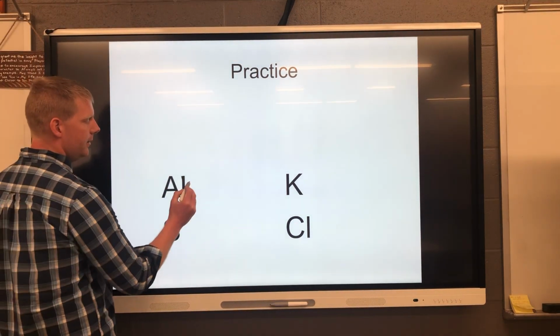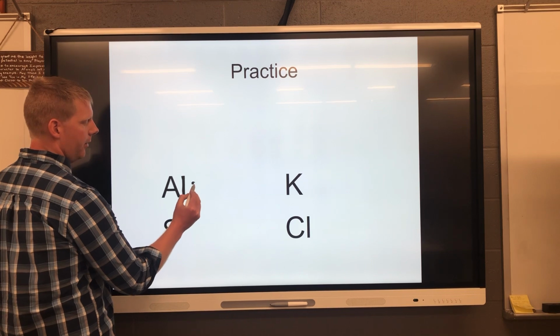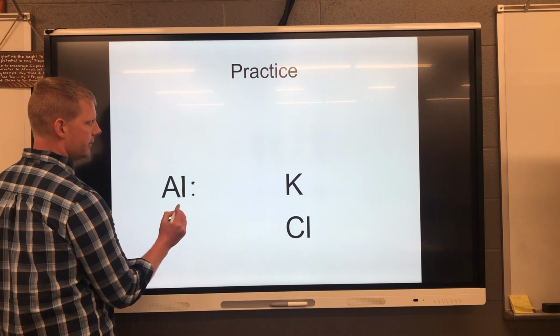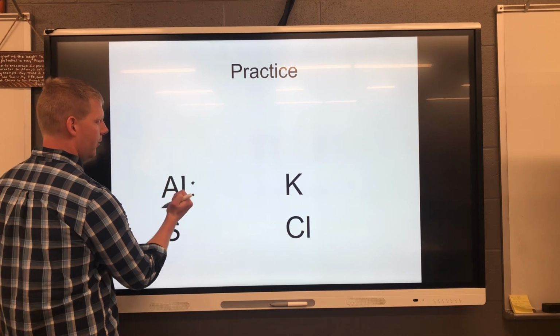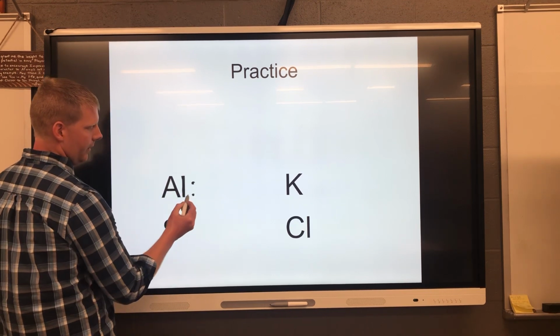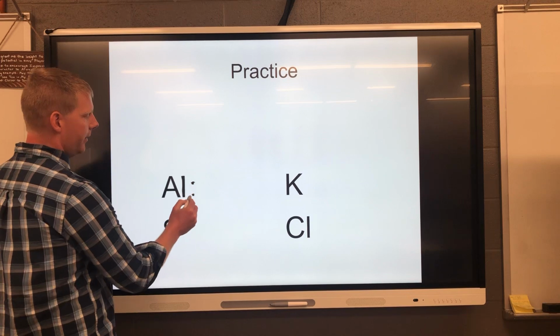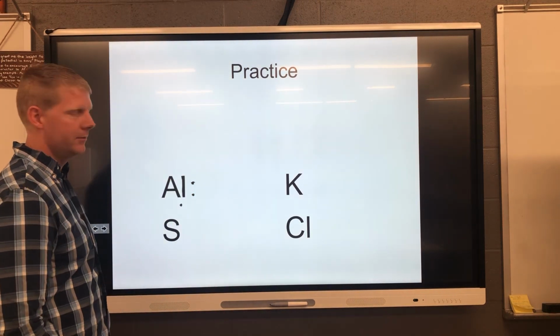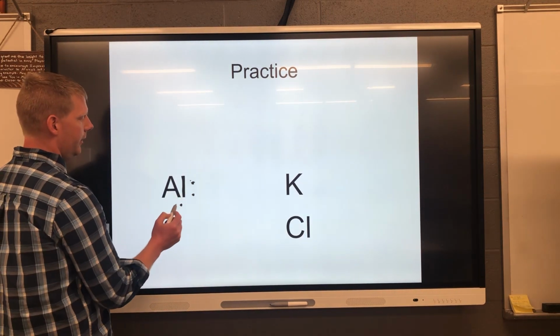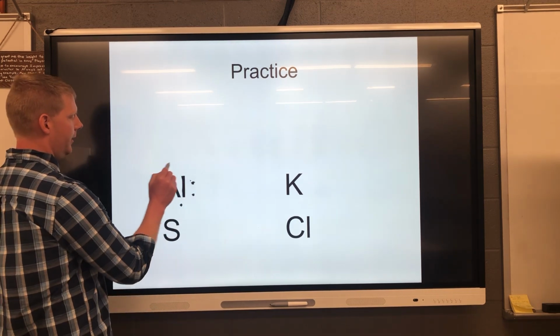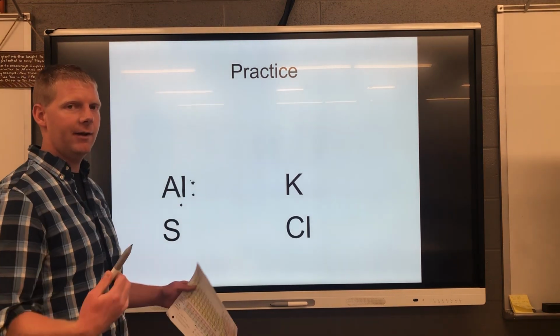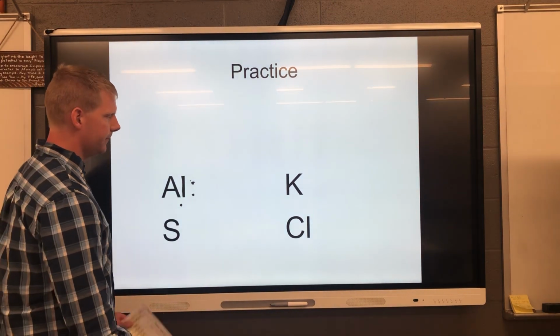So all we have to do is put 3 dots around aluminum. Now it doesn't matter where you put the dots. I wouldn't put any more than 2 on one side though. I could have put 2 over here, I could have put 1 on top instead of on bottom, 1 here, 1 there, 1 there. It doesn't matter as long as you have the correct number of dots.